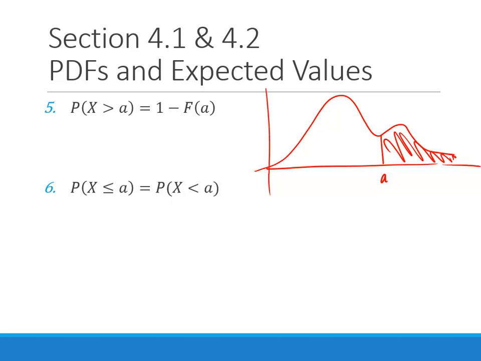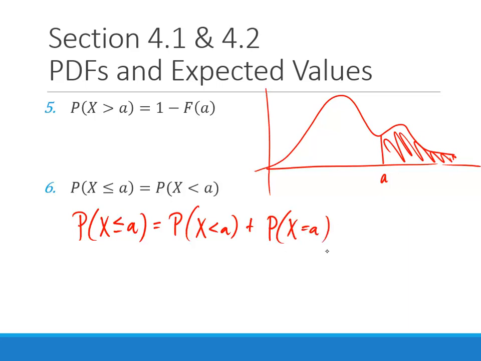And then finally here, the probability of being less than or equal to some value is the same as the probability of being less than that value. And why is that the case? Well, you can write out the probability of x being less than or equal to a as the probability that x is less than a plus the probability that x equals a. So I can just split that into two cases there.